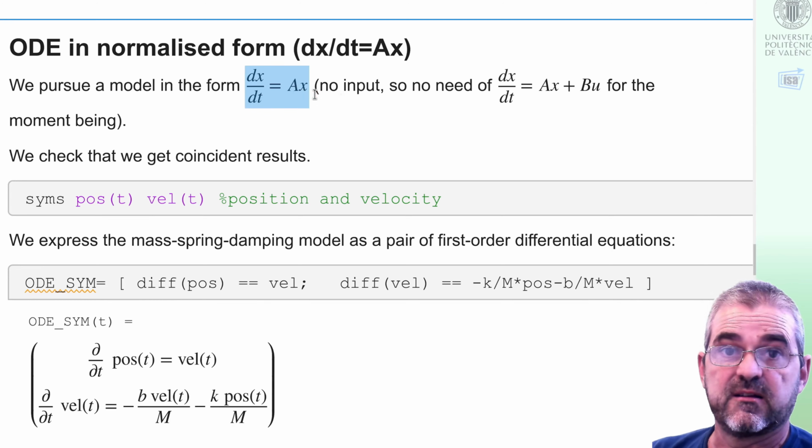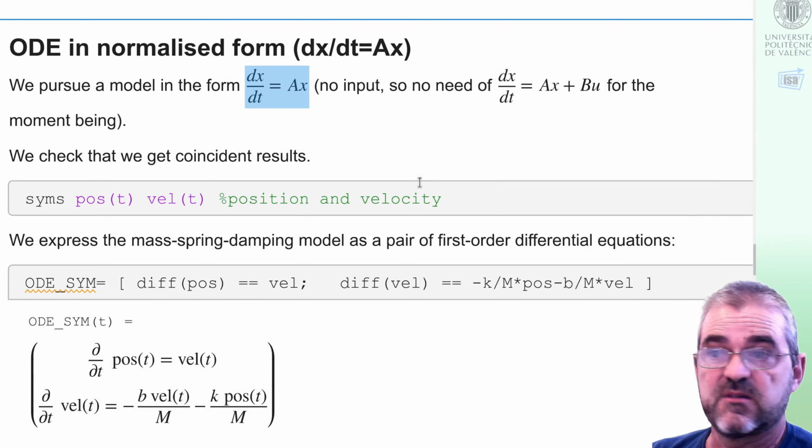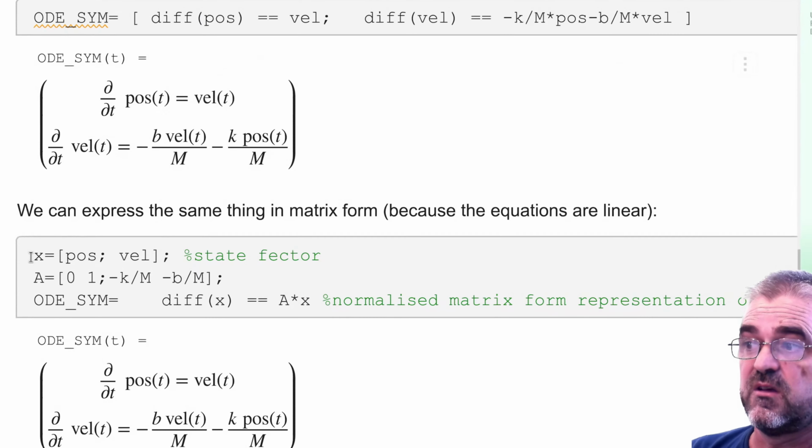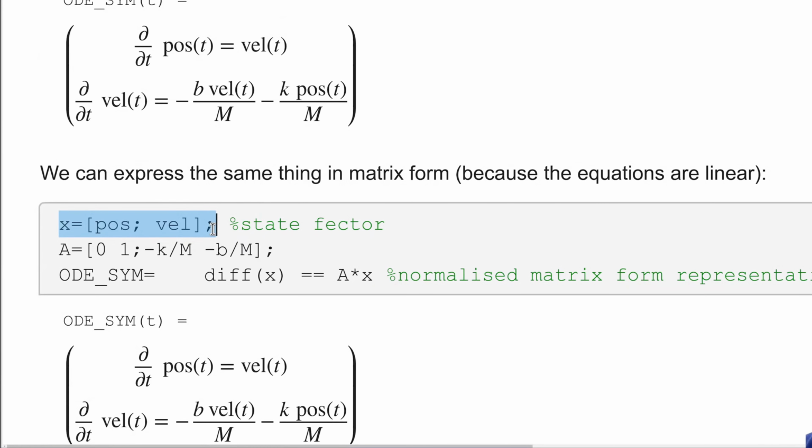So we can end up having the same symbolic object if we define this state vector, and if I build an A matrix with these coefficients, because A times x gives me the derivatives of x.